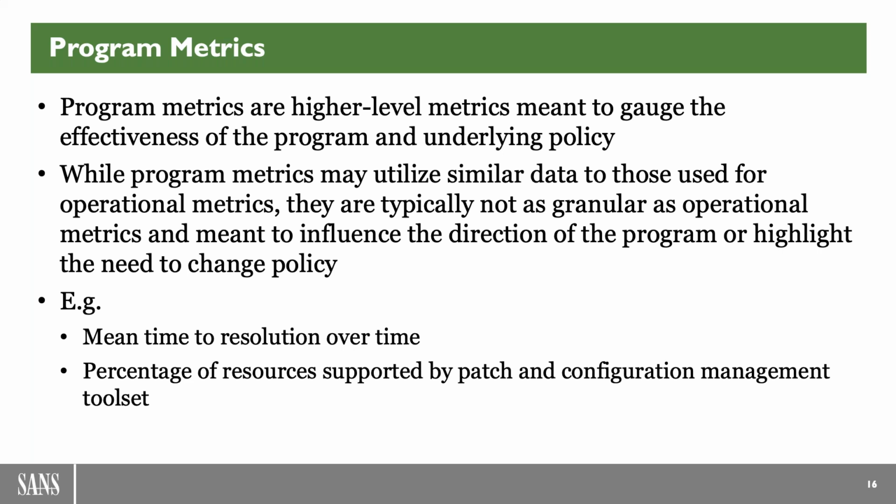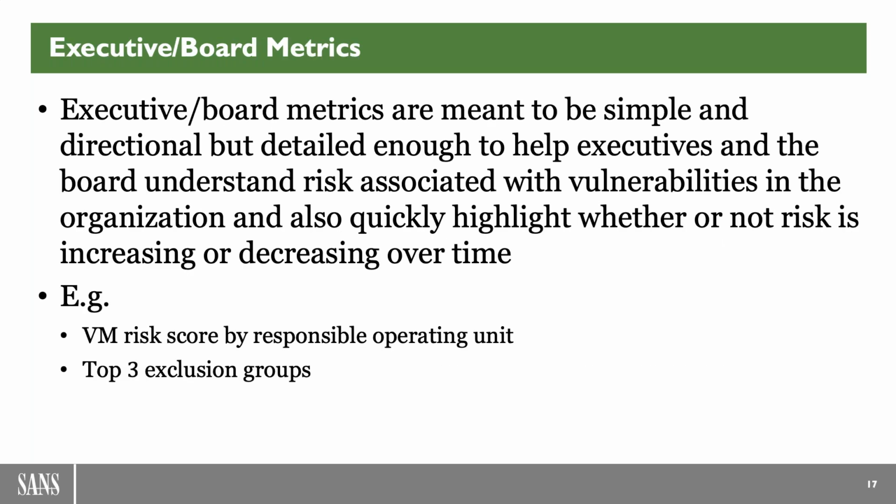I could slice the data like that, but this is telling us overall what's happening in the program. That's an example, and we give the other one on the screen as well, from a program metric perspective.